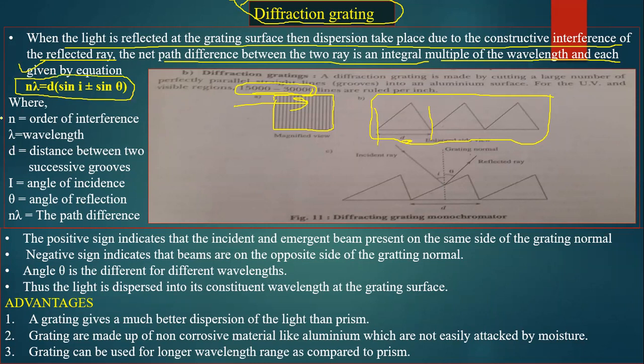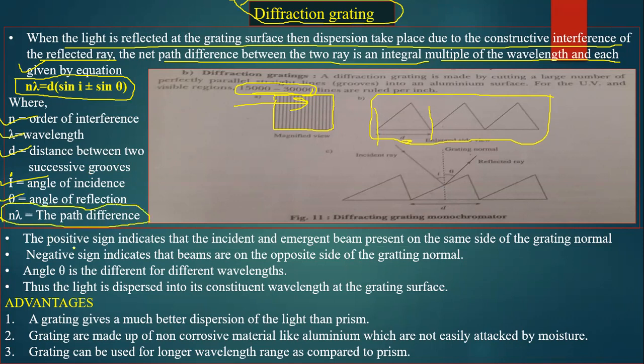Here n is the order of interference, lambda is the wavelength, d is the distance between two successive grooves, i is the angle of incidence, theta is the angle of reflection, and n lambda is the path difference.